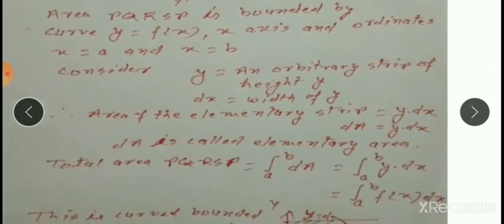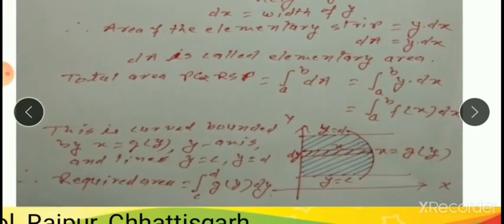Here we are having limits, lower limit x = a, upper limit x = b. And this strip y is running along x-axis. That's why we are integrating f(x) with respect to x. Integrate and substitute the limit. We will get required area.